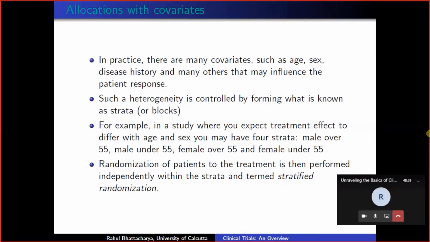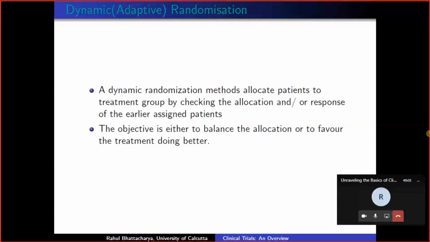So this is what is known as stratified randomization. That is, separate randomization within each stratum. It might be possible that in one stratum you use simple randomization and in another stratum you use permuted block randomization. This is possible.